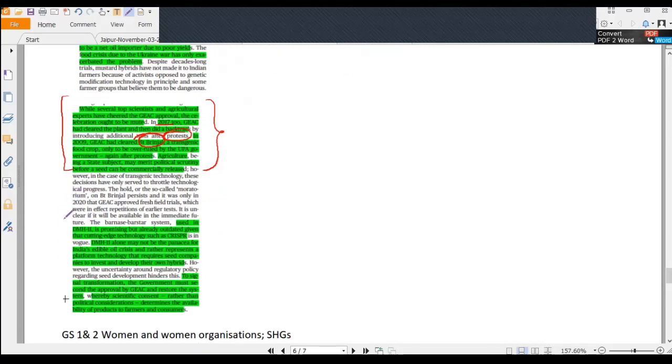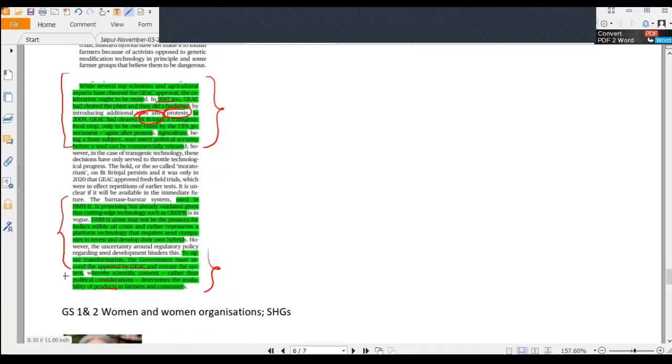It says that now it is time that we need to signal the transformation in this regard. The approval by GEAC must be the way forward, where scientific consent rather than political considerations should determine the availability of products. Currently, this is not happening.